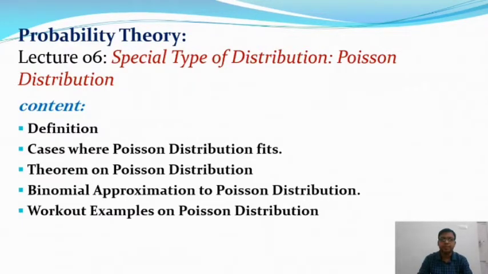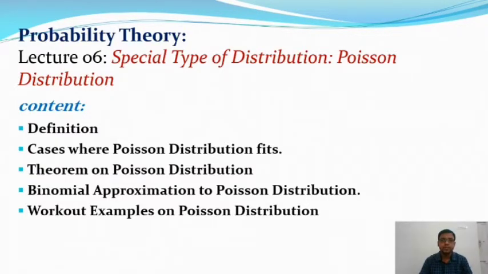So this is today's lecture, the sixth lecture on probability theory. First we will define the Poisson distribution, then discuss some theorems on it in this lecture, and after that continue with some examples on Poisson distributions.